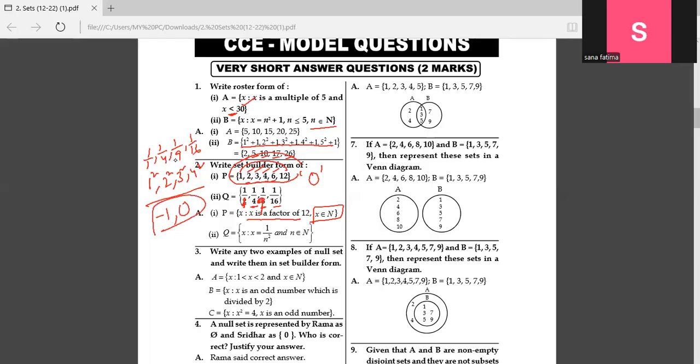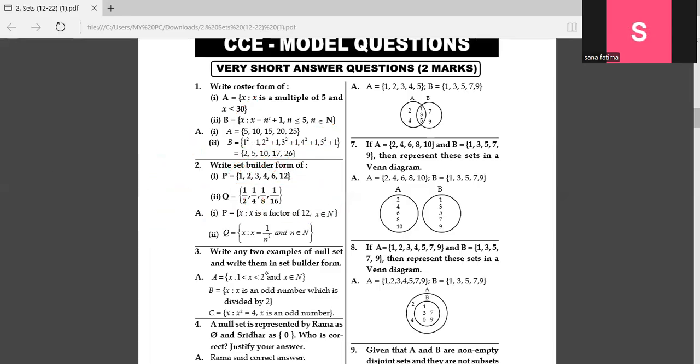Now, in the same way, a few more questions are given here. Let us see what the next questions are. The third question given here is, write any two examples of null set, and write them in set builder form. Now, null set means you have to write a set which does not have any element. For example, 1 less than x less than 2.